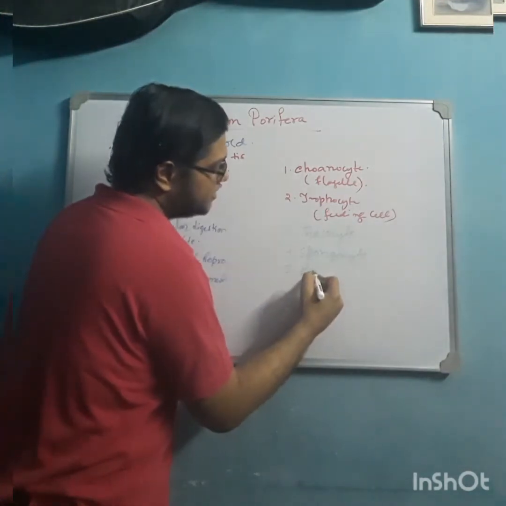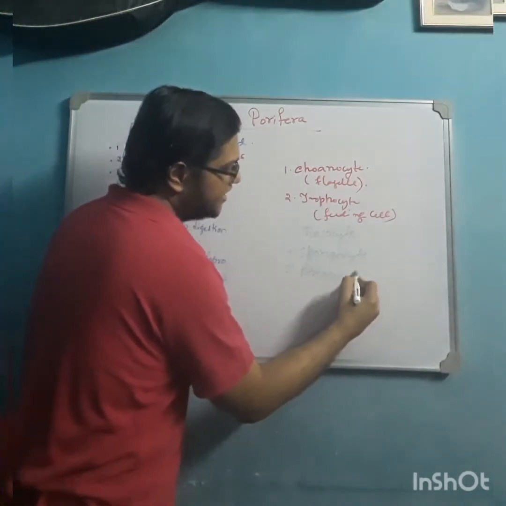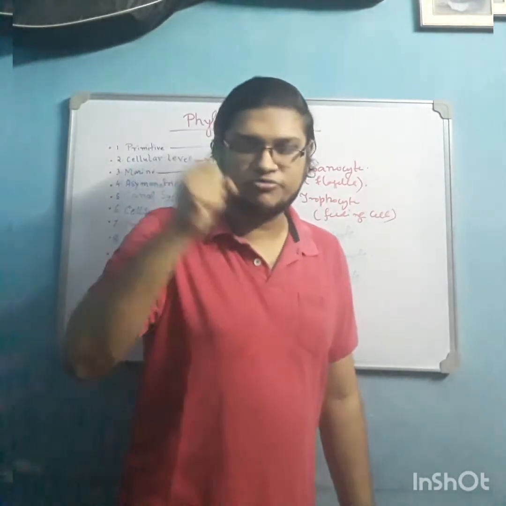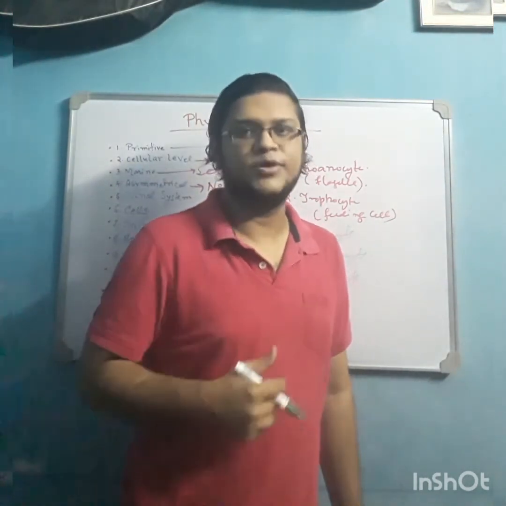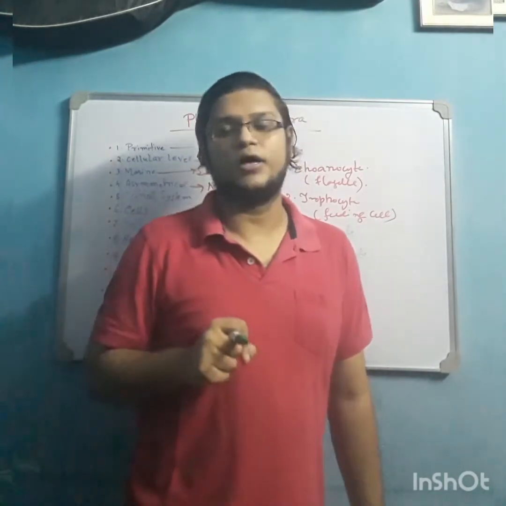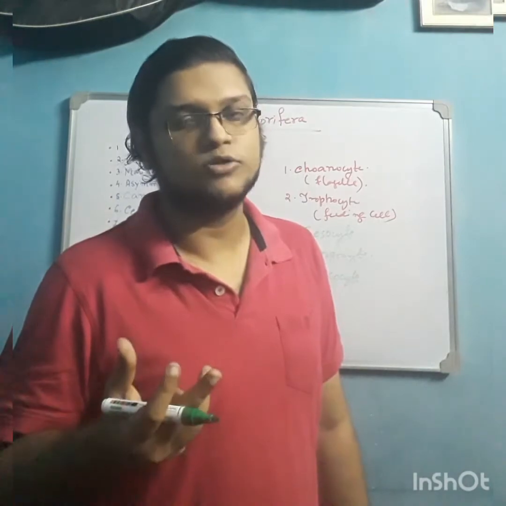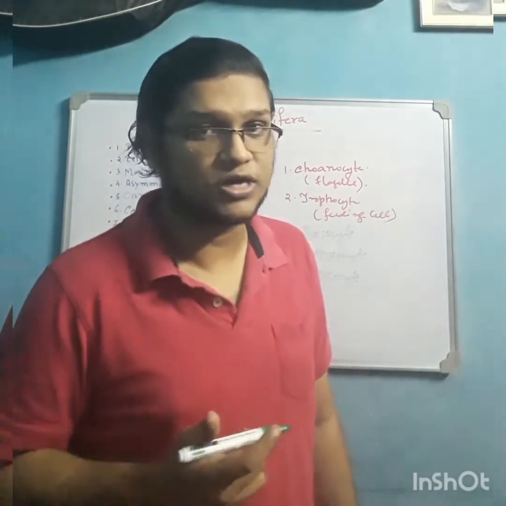Another important cell is pinacocyte. What is pinacocyte? Pinacocyte has a contracting and relaxing property. It makes pinacoderm and helps the animal of phylum Porifera to contract or to relax, and by this to maintain the body shape and body structure.